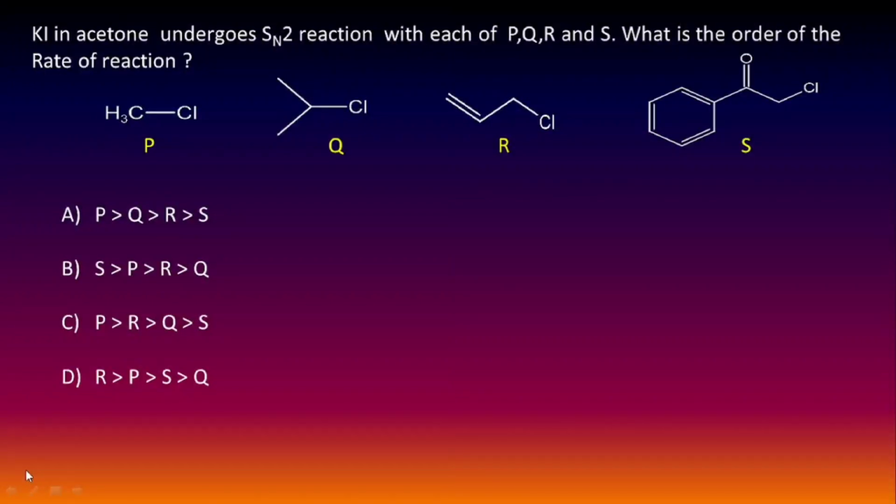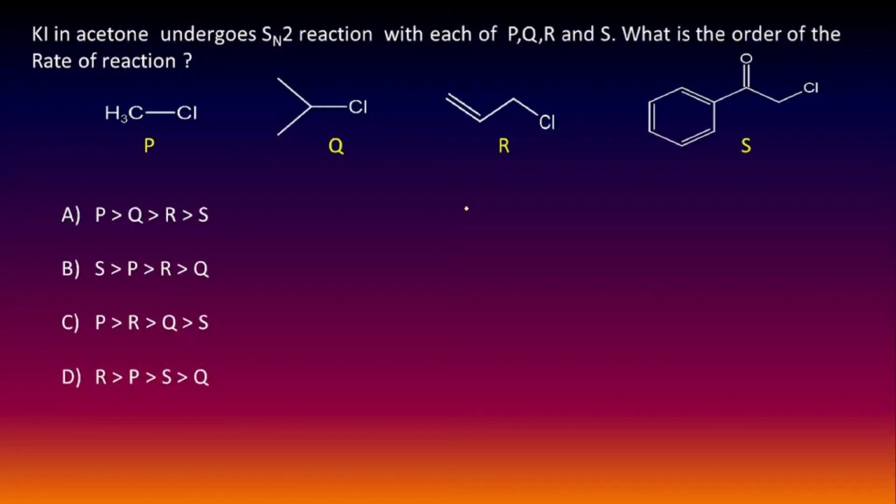So the next question is, KI in acetone undergoes SN2 reaction with each of P, Q, R, S. What is the order of the rate of reaction for P, Q, R, S? So all these molecules will undergo SN2 reaction. And for SN2 reaction, you must know the order. What is the order?